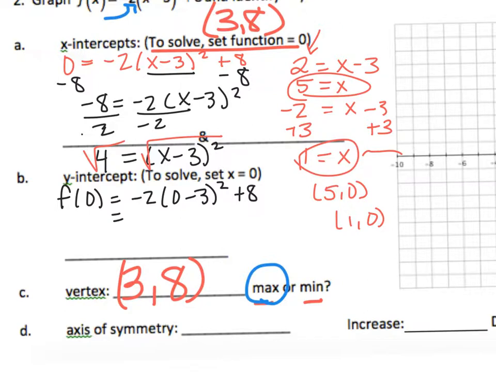So just order of operations here. I've got 0 minus 3, which is negative 3. Negative 3 squared is 9. 9 times negative 2 is negative 18, plus 8 equals negative 10. So that point is at 0, negative 10.